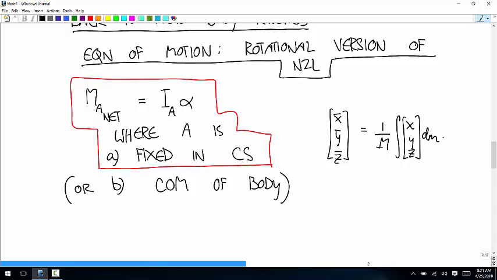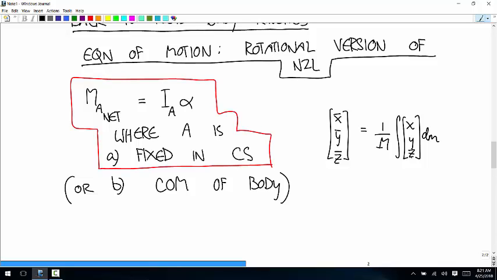Wait, is that the same M that's on the outside, or are those two different M's? That's on the outside of the integral? Yeah, the big M is the total mass of the whole thing, and dm is the little pieces you've broken it up into. Those are positions, a position in the coordinate system.